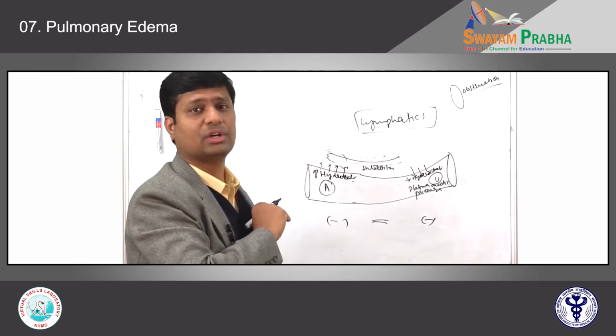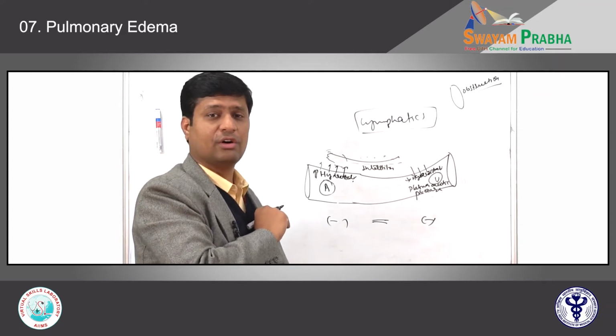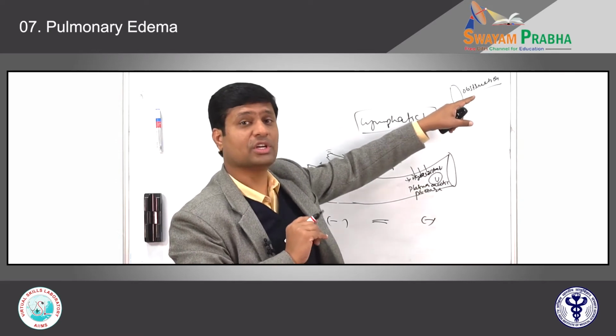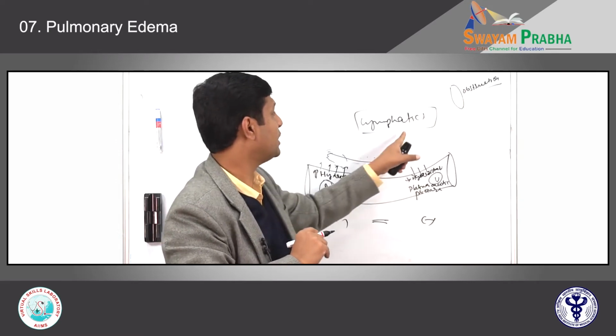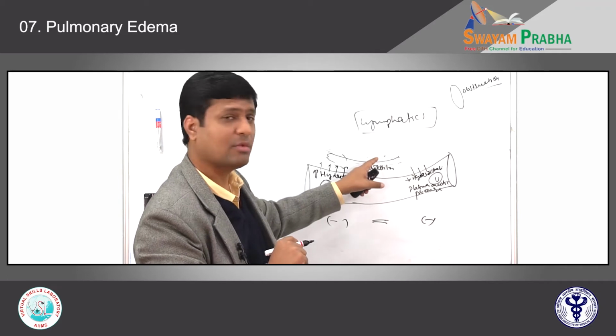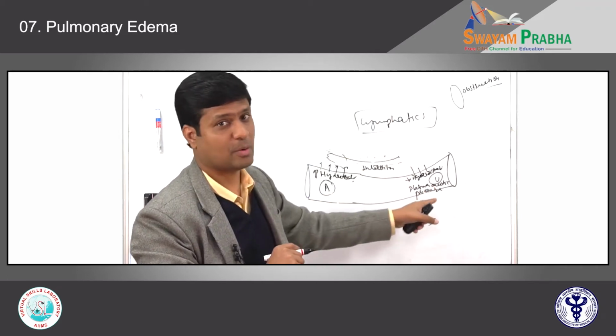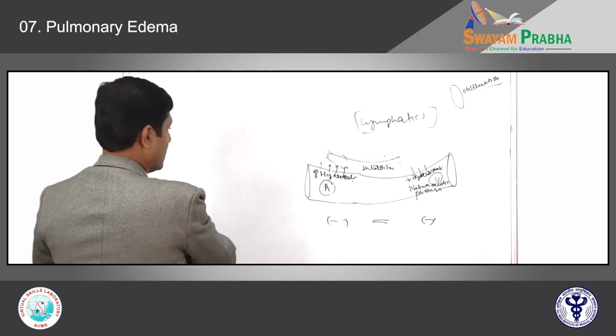Whatever may be the cause, radiation, obliteration of the lymphatics, any lymphangitis, any tumor causing obstruction of the lymphatics, ultimately leads to accumulation of fluid in the interstitium. So any of these conditions can lead to formation of edema in general.